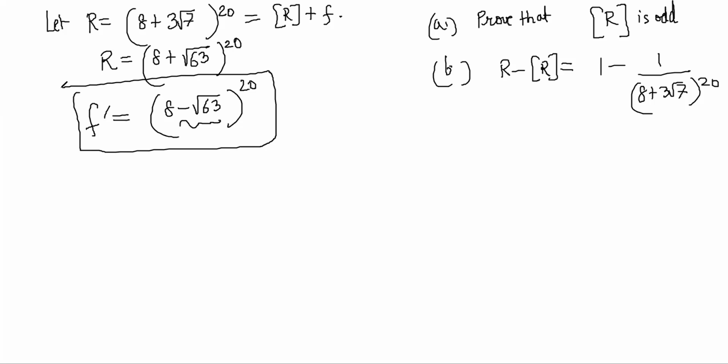Now, the idea is to try to get whether addition will work here or subtraction. So if you add, you will retain 20C0, 20C2 and so on. Just write down a few terms, you'll get the sense of what to do.